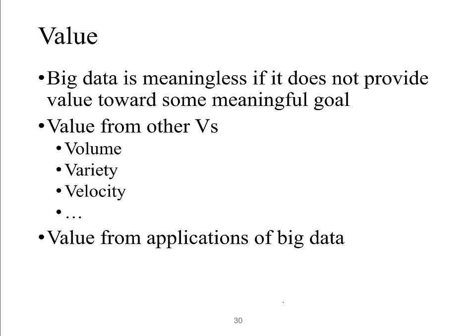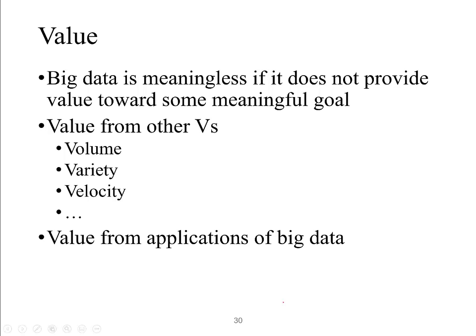That is the value. The variety: data comes from different sources. You integrate them together, or you make use of them together to enhance your model or to help you make decisions. That is a reflection of value. The velocity: for example, in the Internet of Things, you would have data from devices and sensors.